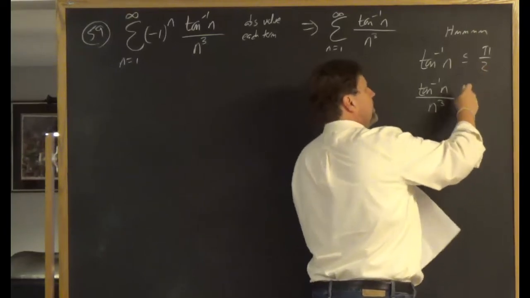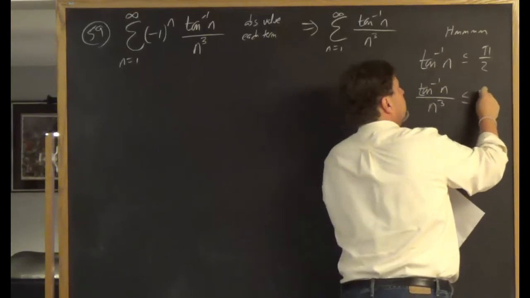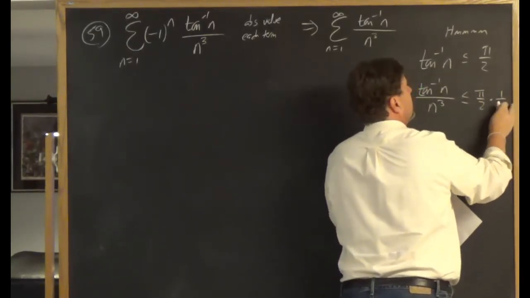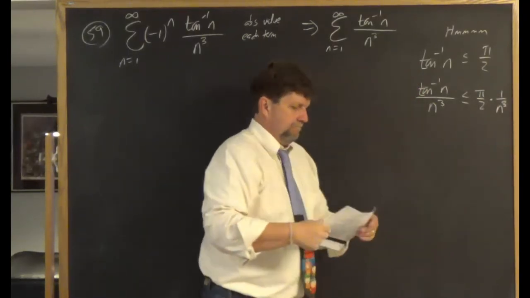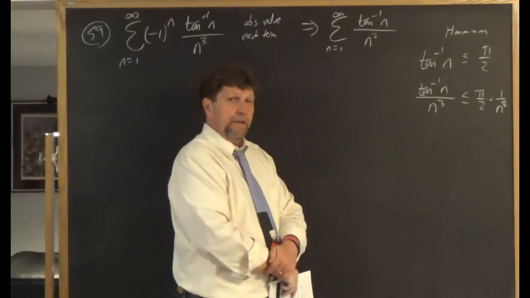And over here on the right side, instead of writing this as divided by n cubed, let me just write it as this product. I think something's brewing here.